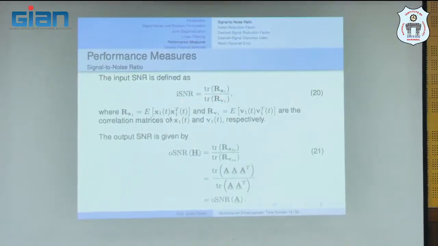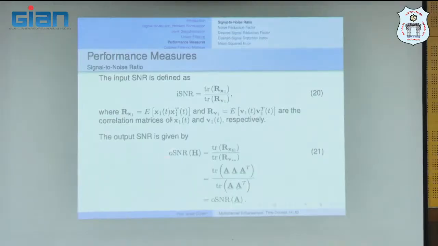So if we want to find the filtering matrix A such that it maximizes the output SNR, what do we need to do?